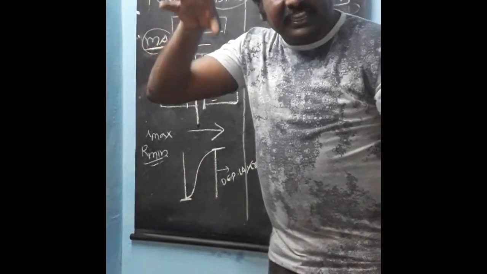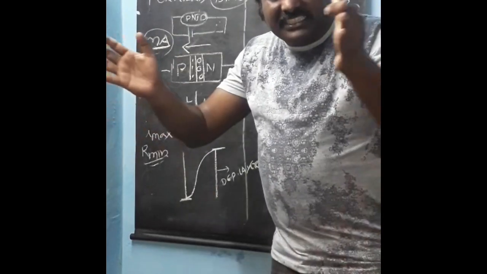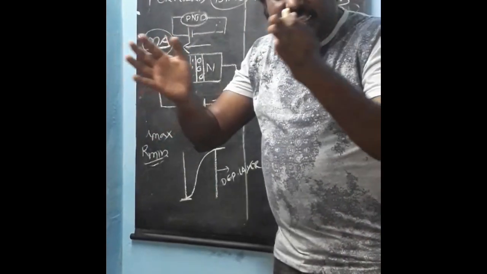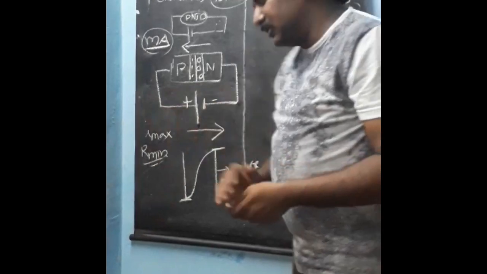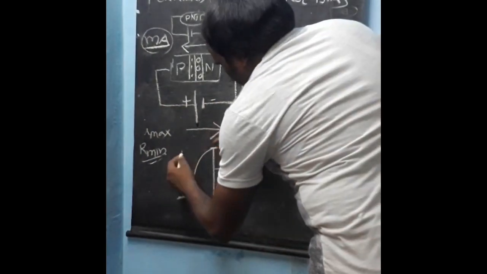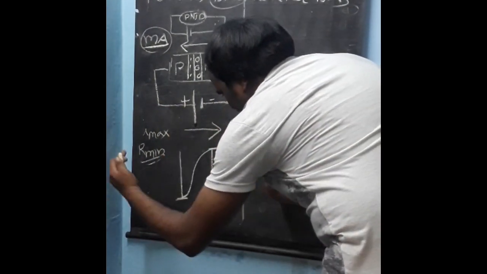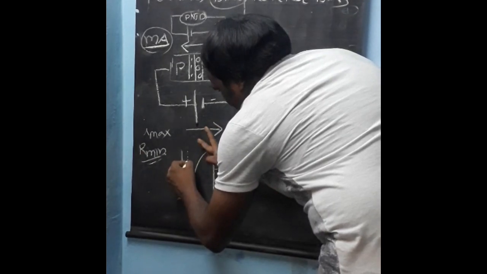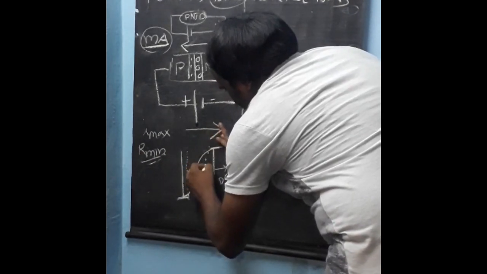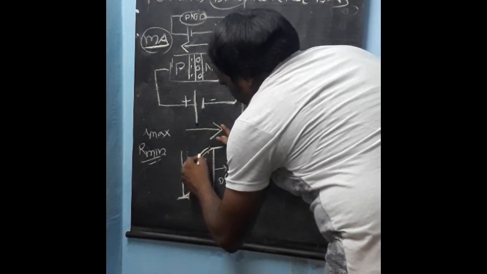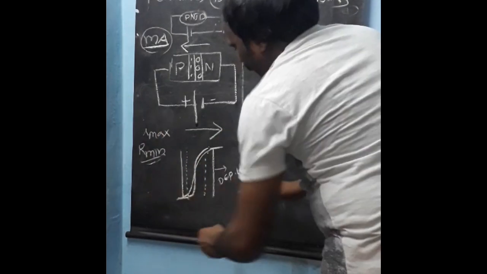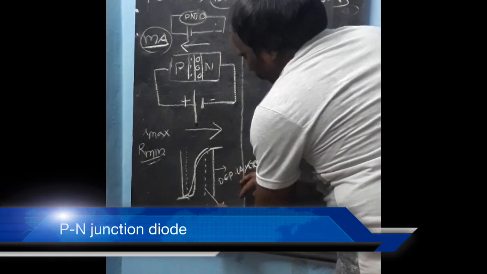If the electric field decreases, the potential barrier or depletion layer decreases. So this potential barrier decreases. So we are going to see this, the new depletion layer.